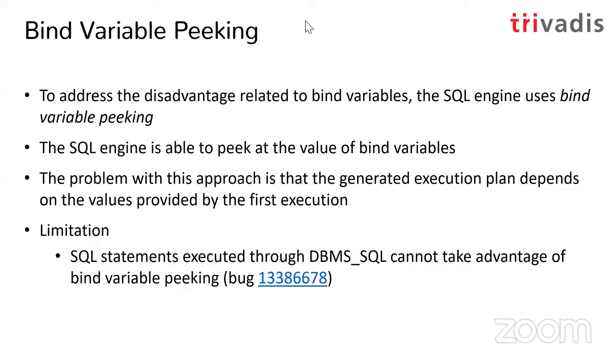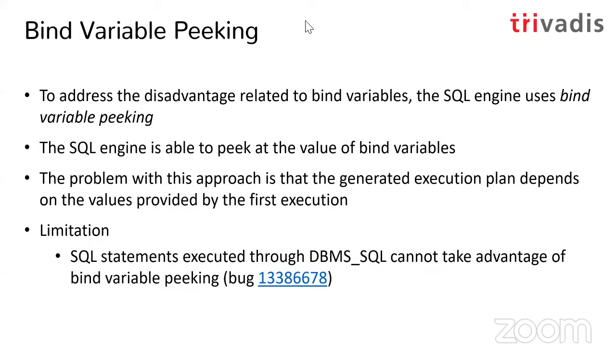Let me check the question. How about if I add a histogram on the ID column? No difference whatsoever. Having a histogram and so on is not important for the optimizer when deciding if a child cursor can be shared or not. So it makes no difference to what I show you.